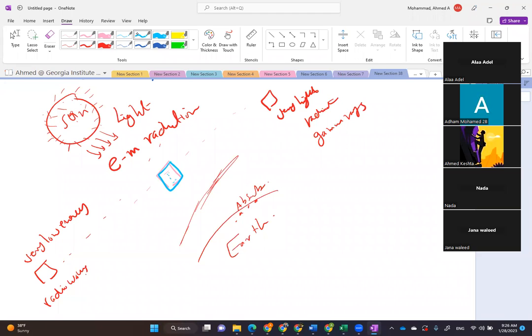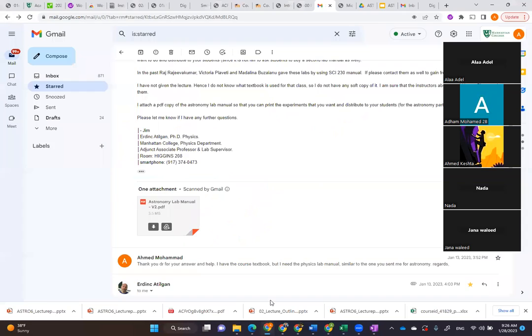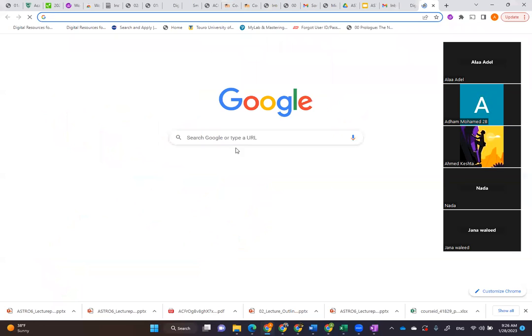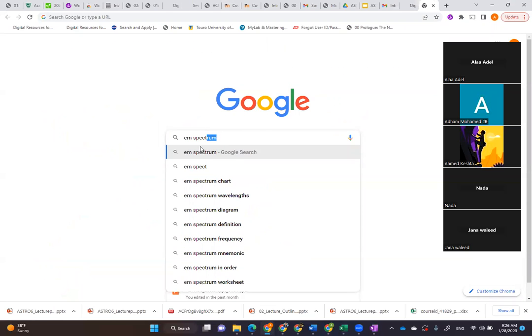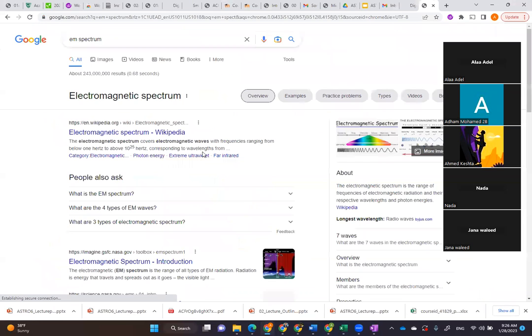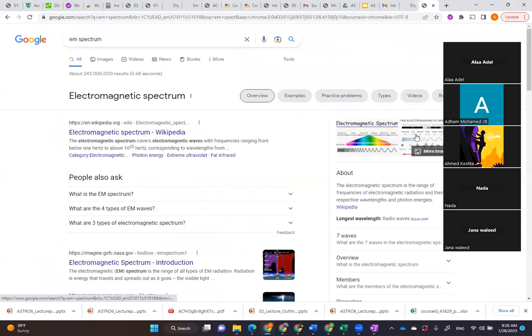Okay, so infrared is one type of electromagnetic radiation that is emitted from the sun, and you can also have infrared radiation from some devices on Earth. But infrared radiation is one type of electromagnetic radiation. I'm going to show you the electromagnetic spectrum here. Can you see my Google? Yes.